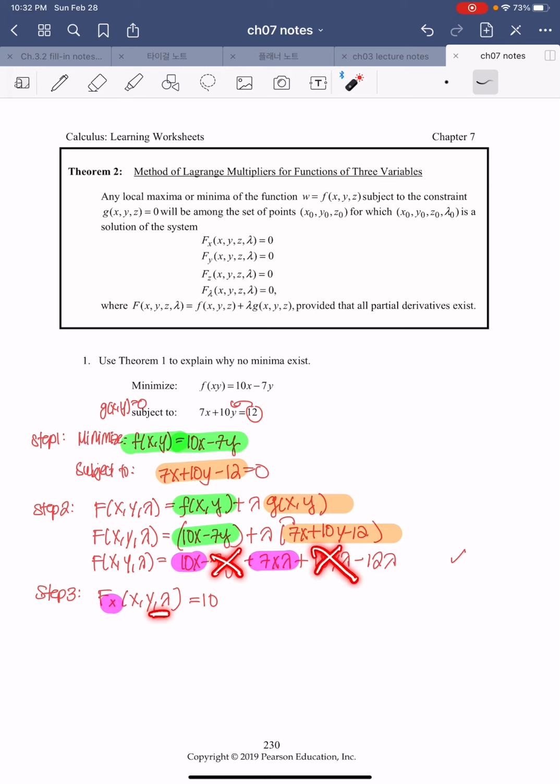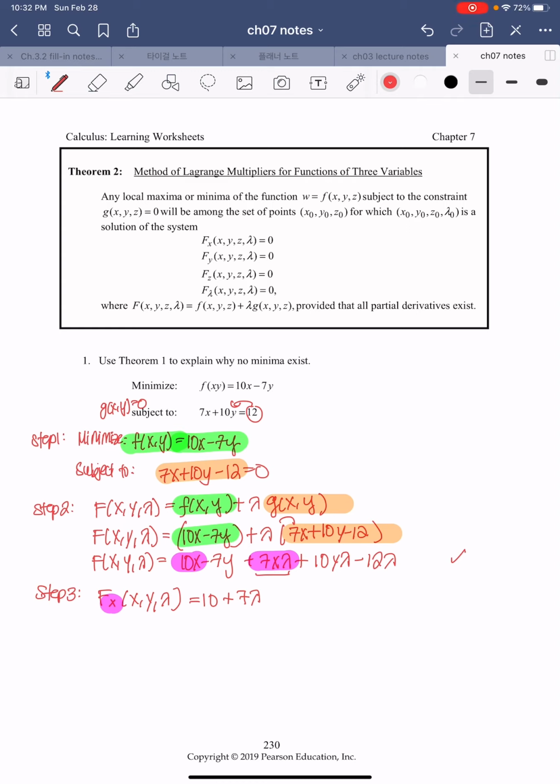This also disappears. I end up having two terms. The term 7 lambda x is 7 times some constant, so if you take the derivative, only 7 lambda survives.